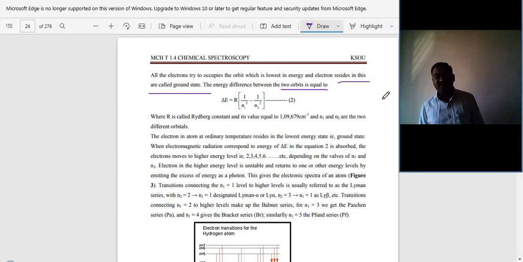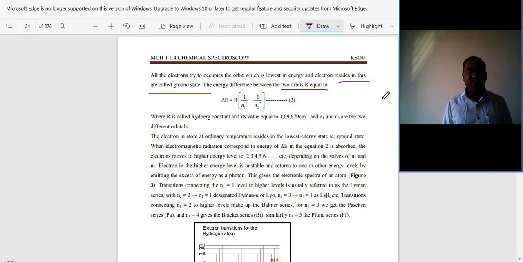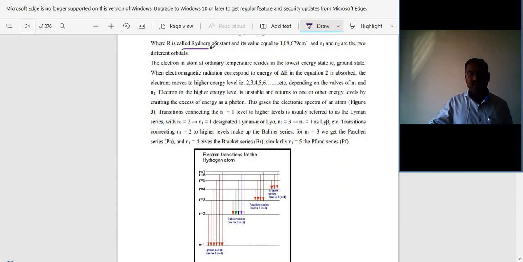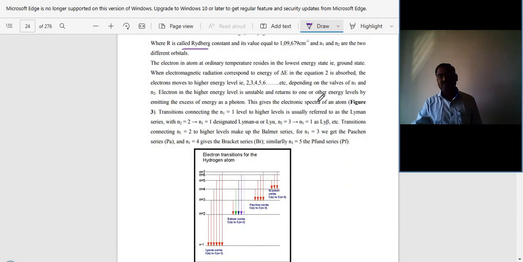The energy difference between two orbits is given by delta E equals R into 1 by n1 square minus 1 by n2 square, where R is the Rydberg constant.